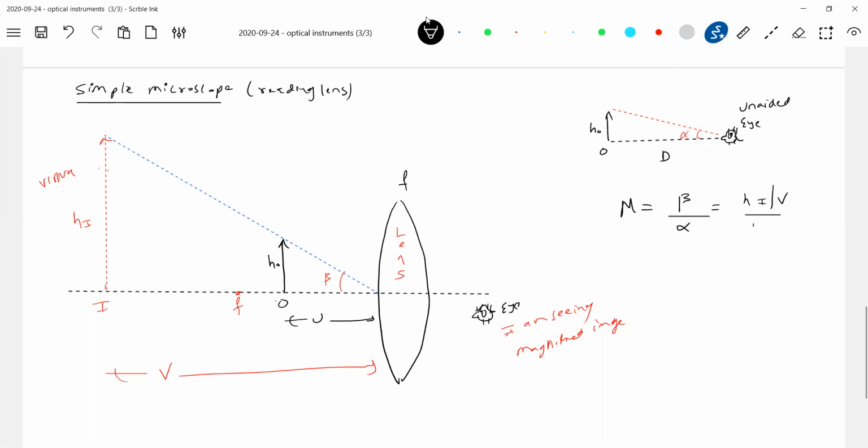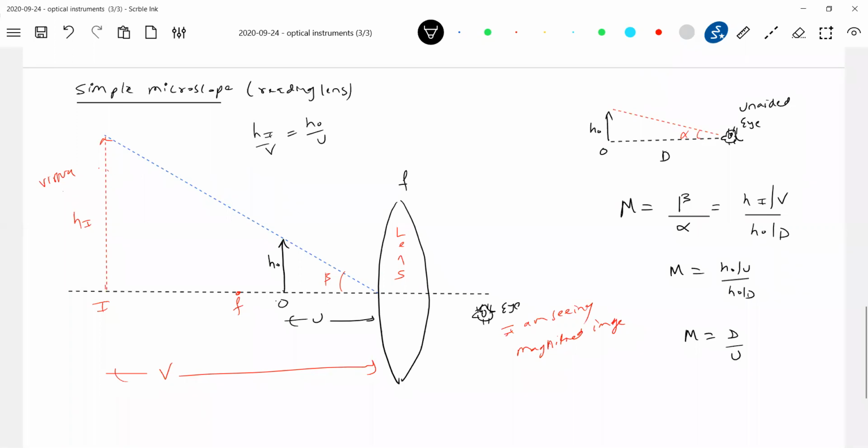Looking at this diagram, HO by D. And look at this similar triangle, HI by V, which can also be written as HO by U. So the magnifying power is given by D by U. D is fixed here, nothing to do. By varying U, you can control the magnifying power.